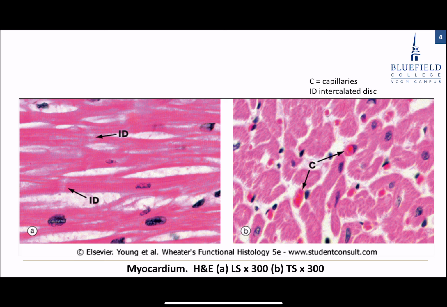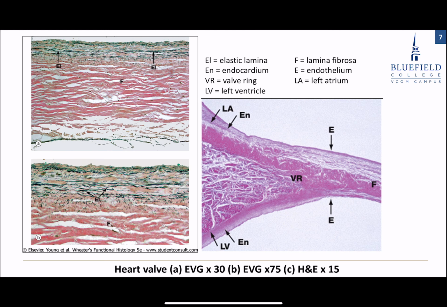You got some down here, but you have a great deal more up here on the atrial side of that valve. And the bottom image was just a higher power image of this portion up here to show those elastic fibers.